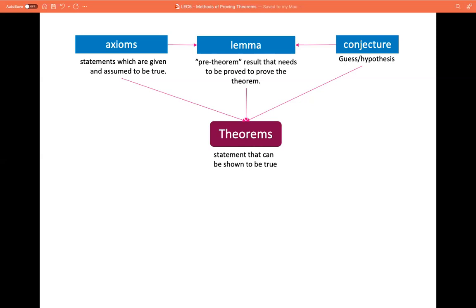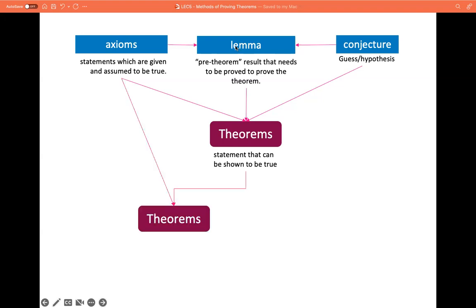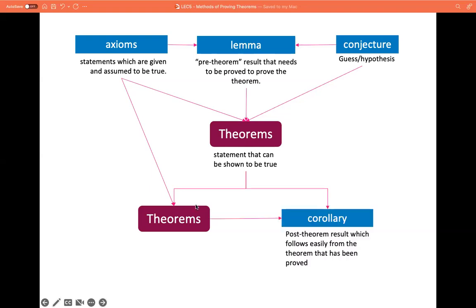We can also use some axioms or conjectures in order to prove the series of lemmas. From theorems as well as axioms, we can form more theorems. Since a theorem is already proven, we can use it to prove more theorems. A corollary is a post-theorem result which follows easily from a theorem that has already been proven.